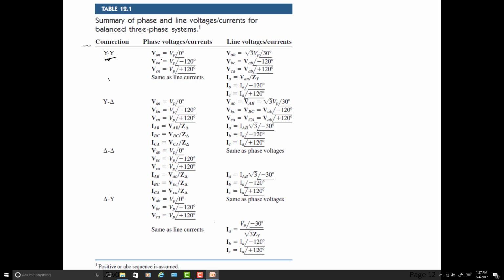The phase voltages turned easily into line voltages, shifted 30 degrees and multiplied by square root of 3. Line currents turned out to be the same as phase currents, okay?